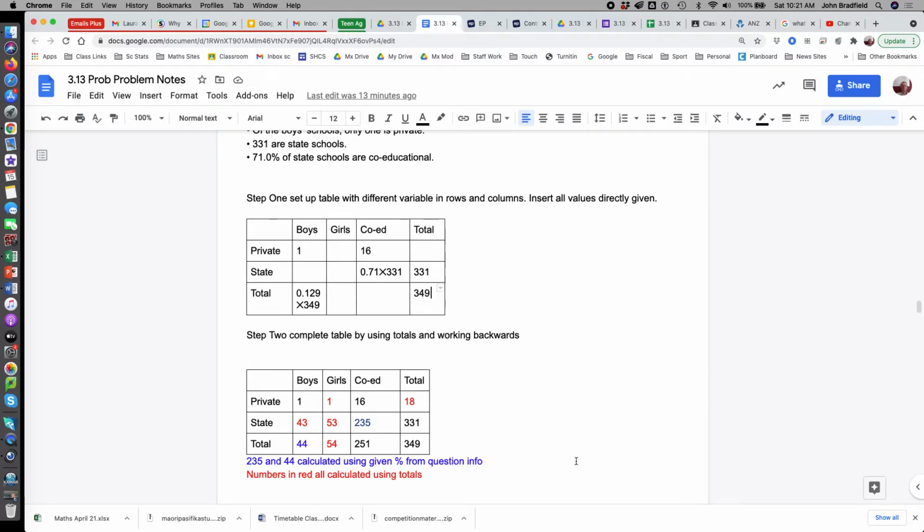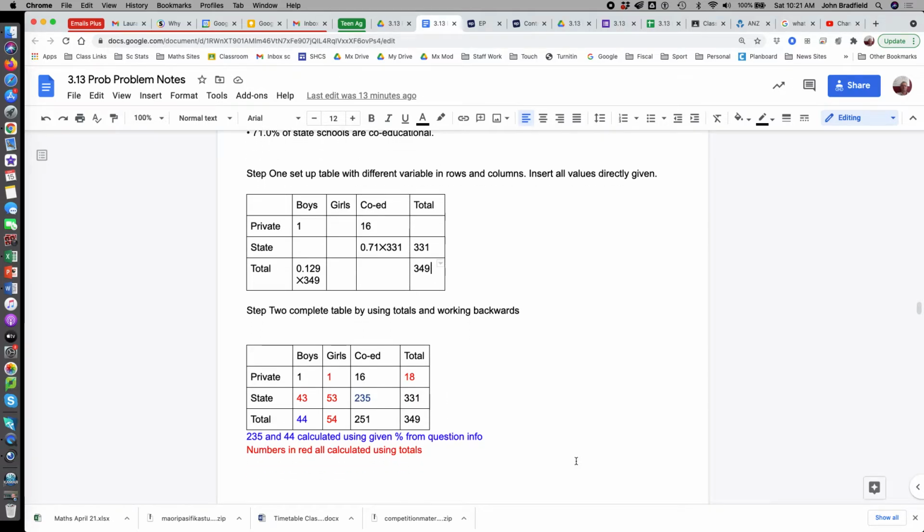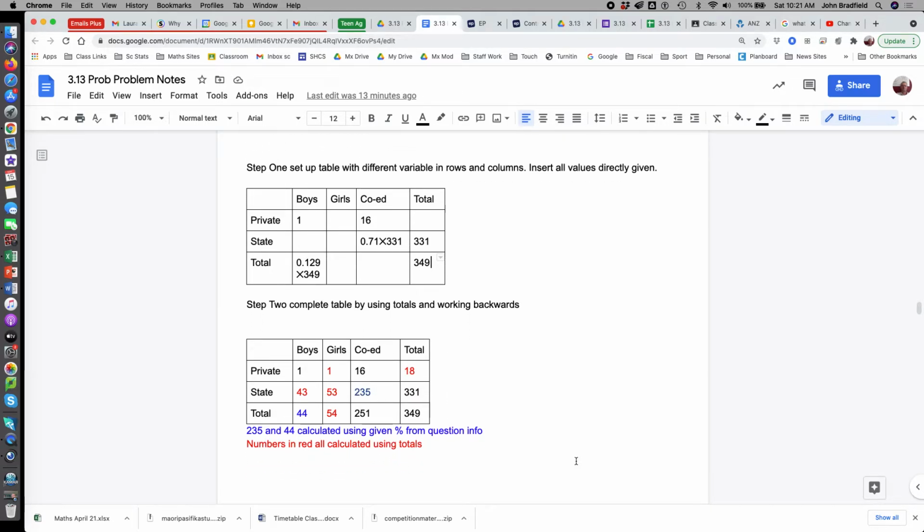Now, I've done a little bit of colour coding, and the way I look at it is this. Once I calculate those percentages that are well within reach, everything in blue in the table was given. I'm not sure why I got different shades of blue there. And then we've got to work backwards and calculate using the red.